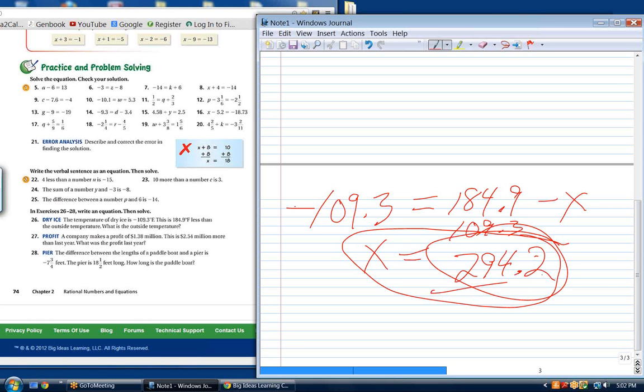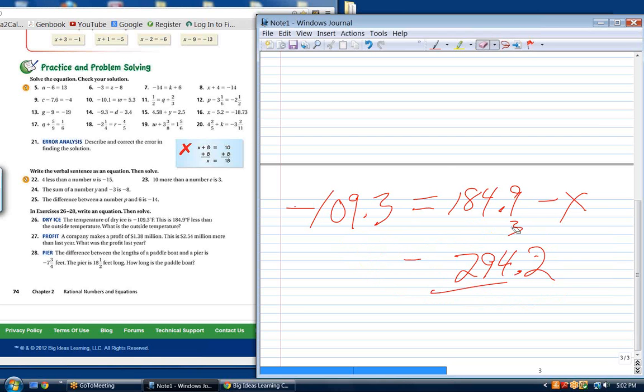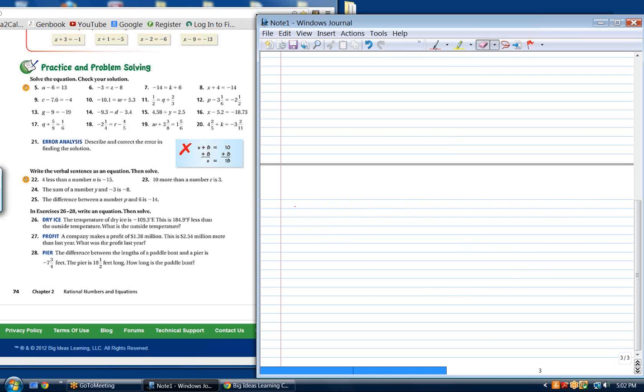So something's wrong. I made a mistake when I come up with an answer like that. And the mistake would be the obvious one that everybody makes with this, which is to put this first, minus x instead of x minus that. So that's the thing you have to be careful with on word problems.